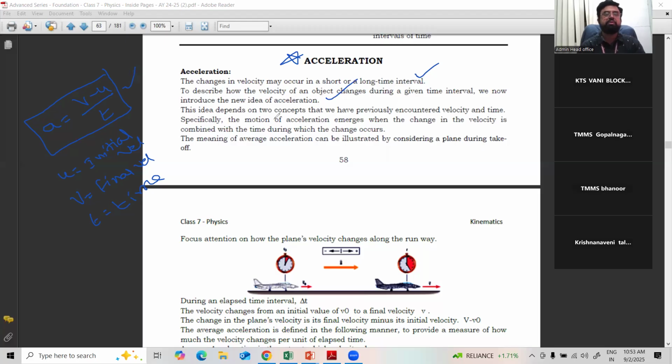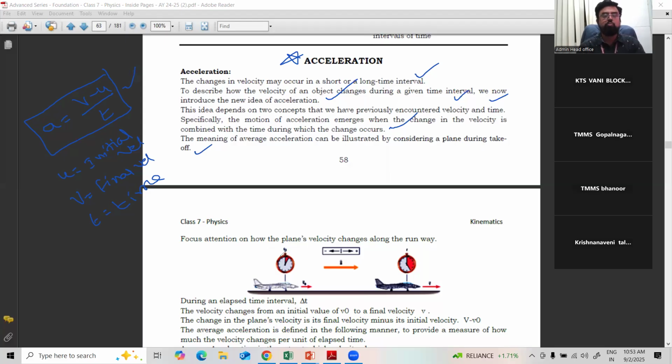This idea depends on two concepts that we previously encountered: velocity and time. Especially, the notion of acceleration emerges when the change in velocity is combined with the time during which the change occurs. The meaning of average acceleration can be illustrated by considering a plane during takeoff.